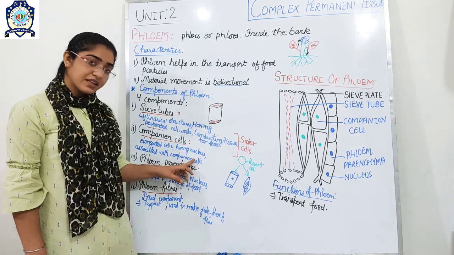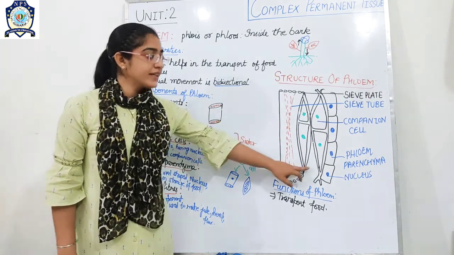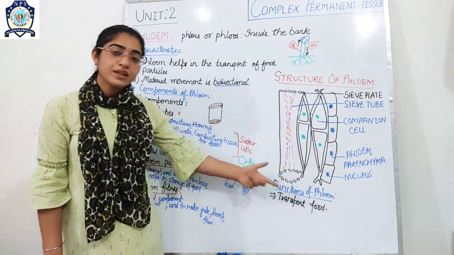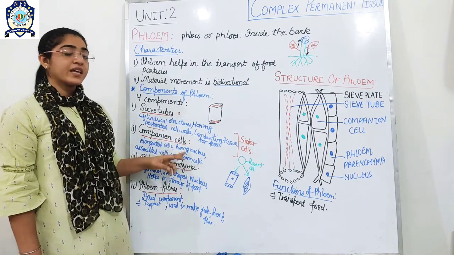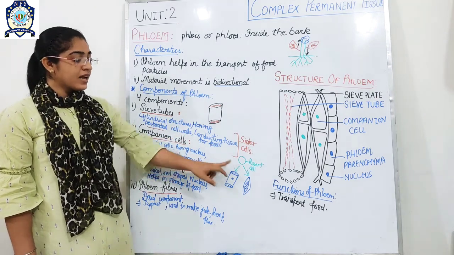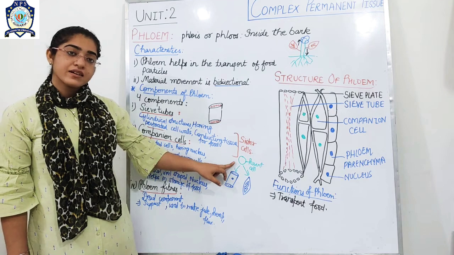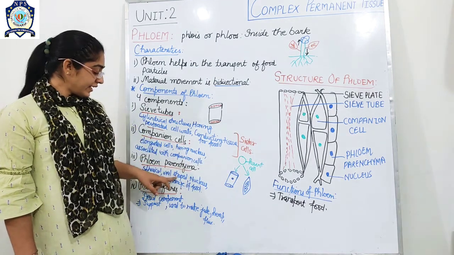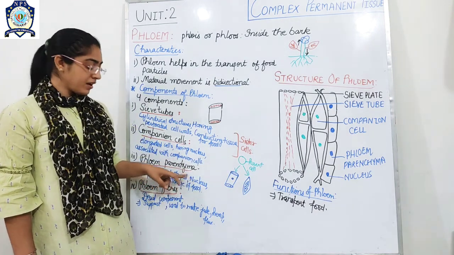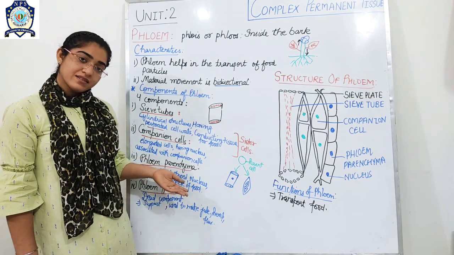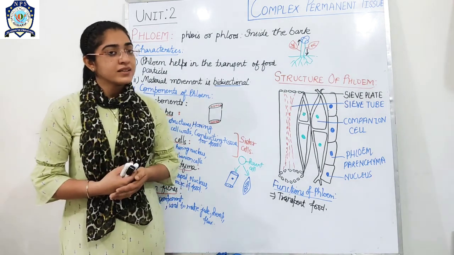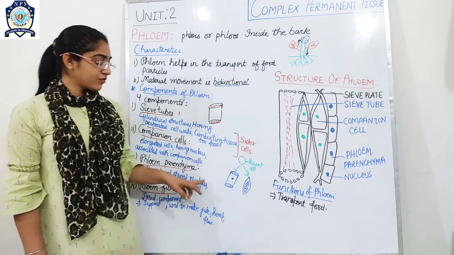Next is the companion cell. These are elongated cells having their own nucleus, and both of them are associated with each other and are also called sister cells. Then next is the phloem parenchyma. It is a parenchymatous cell, so it has a nucleus and helps in the storage of food.